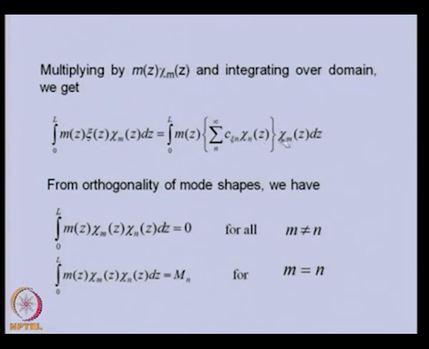Whenever these two functions have the same subscript, this term is some constant mn, which we call the generalized mass, and if they are not the same, it will be 0. Using this property, the expression can be simplified.